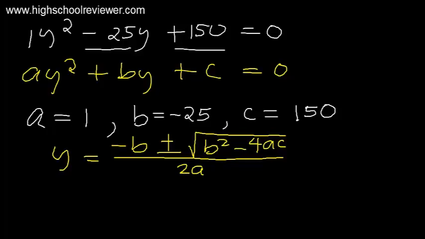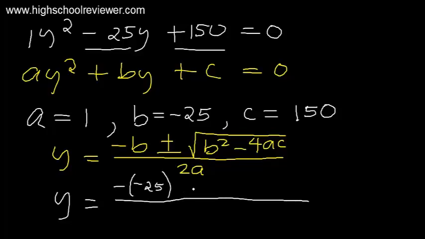And then we are going to substitute the values. So we have here y equals, so our b here will be negative 25, plus minus the square root of.